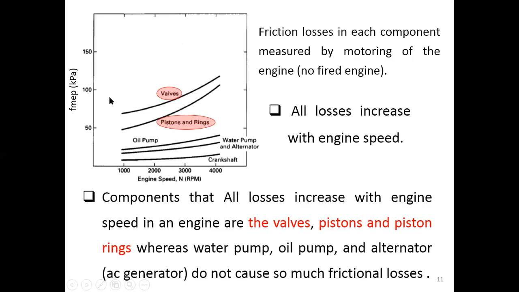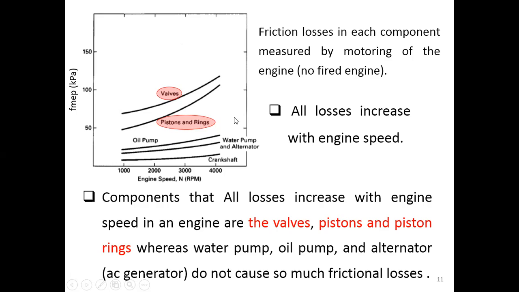So in this graph, you can see that all losses, whether they happen at the valve, the piston and ring, the oil pump, the water pump, the alternator, or the crankshaft, increase with the engine speed.